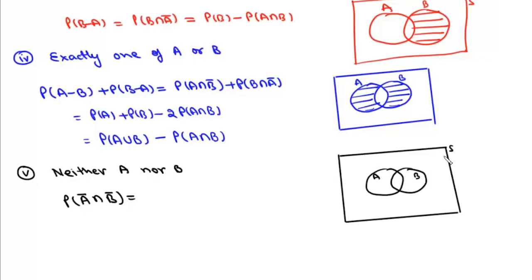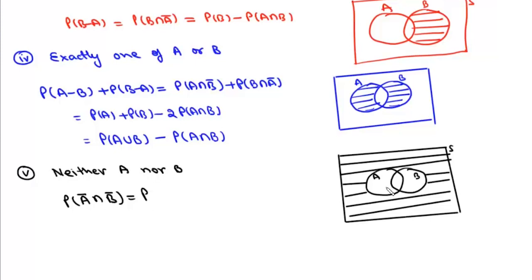This is A, B and S. Now A naught is region outside A and B naught is region outside B. Now the region which is common to both is region which doesn't lie in A or B. So if we need to find this probability that neither A nor B occurs, this probability is probability of A naught intersection B naught, and from De Morgan's law and also from Venn diagram we can say it is complement of A union B. So A naught intersection B naught is probability of (A union B) complement, and it is equal to 1 minus probability of A union B.